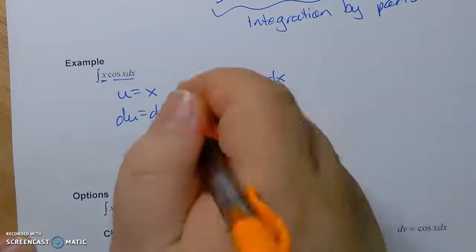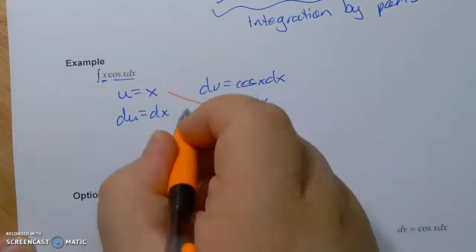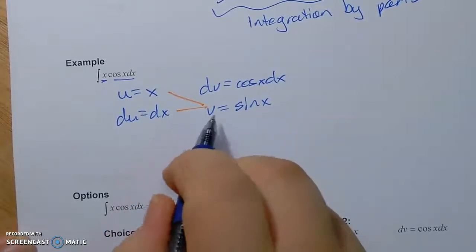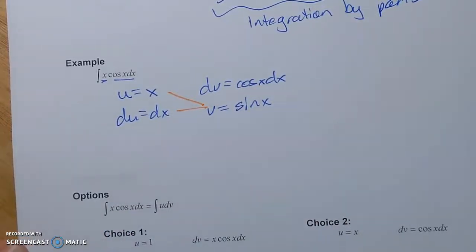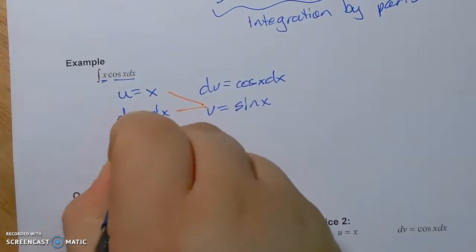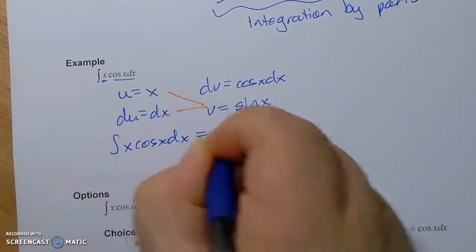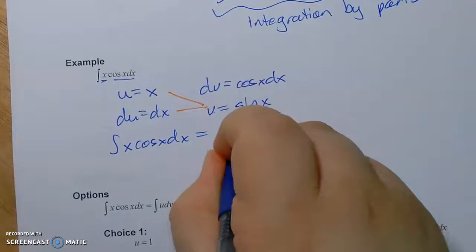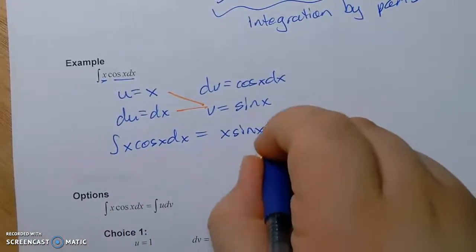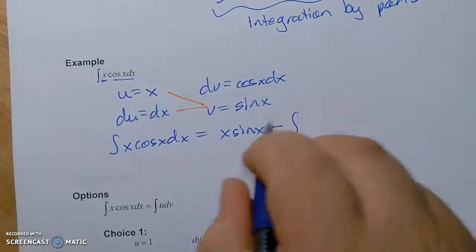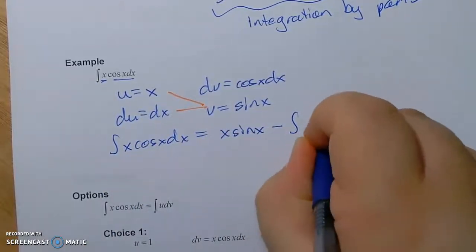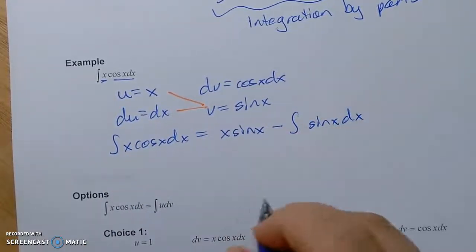When we write our next line, we're going to do u times v and then multiply across the integral of v du. So we have the integral of x cosine x dx is equal to x sine x, that's u times v, minus the integral of, now we're going to have v times du, sine x dx.